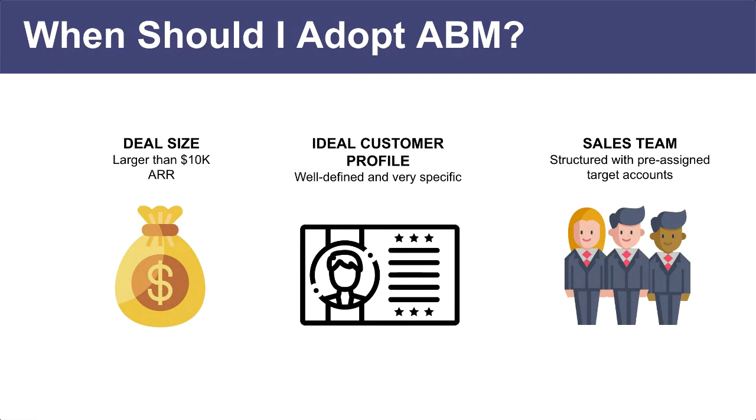Then as a second criteria, you have a well-defined specific ideal customer profile. For example, for a company that I worked in the past, we could only target companies that had a specific software implemented, because that was our current integration. We only had integration with a few software.